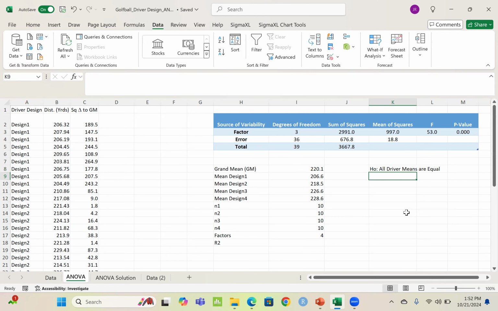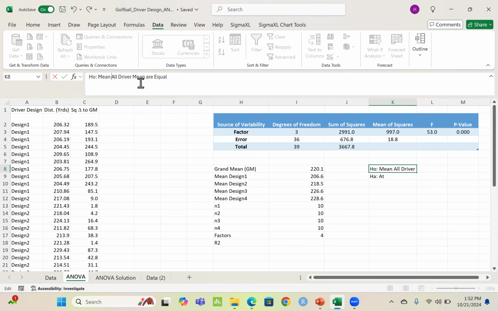And our alternative hypothesis was that at least, probably should write this, all driver mean distance for all drivers are equal versus the alternative that at least one is different.